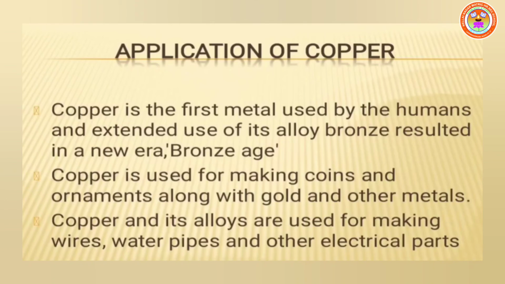Then copper is used for making coins and ornaments along with gold and other metals. Then copper and its alloys are used for making wires, water pipes and other electrical parts. That's all about application of copper.